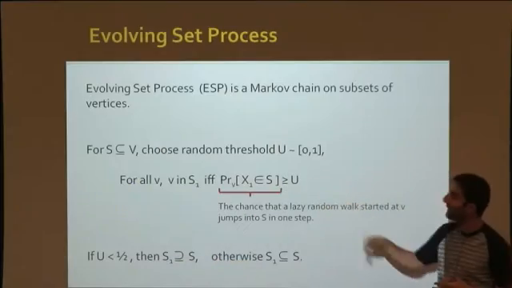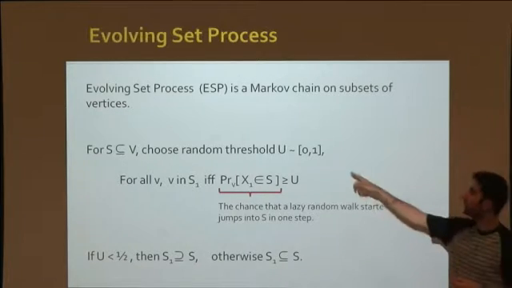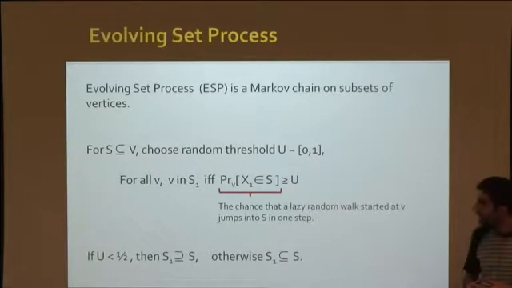So for a set S, we first choose a random threshold U uniformly between 0 and 1. Then we include all of the vertices where the probability of going from V to S with a lazy random walk in one step is more than U. All right?